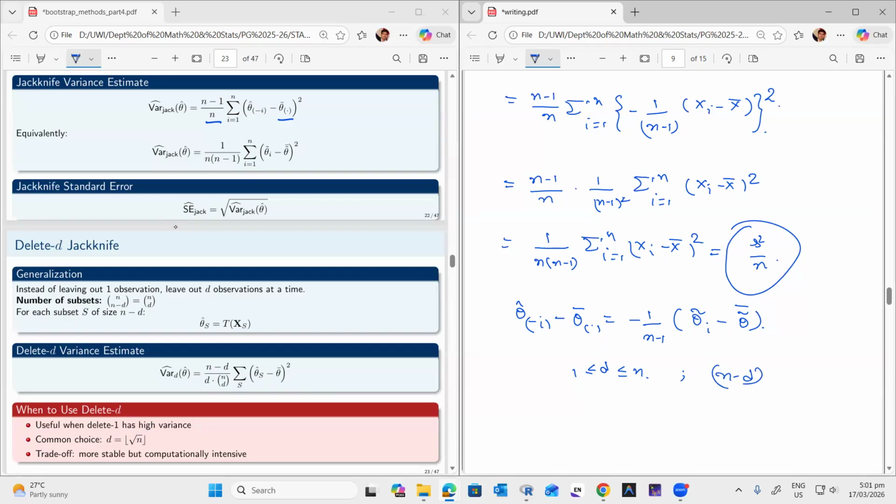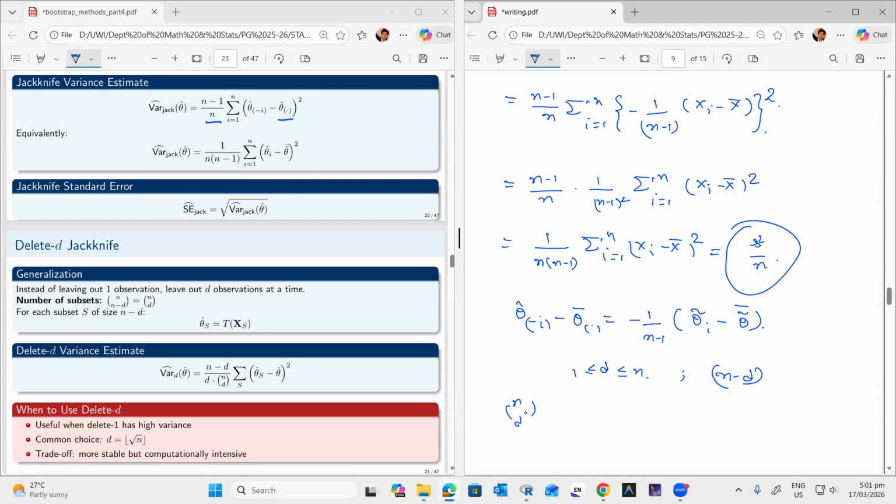This generalization allows us to tune the method to the properties of the estimator and the sample size. The number of distinct subsets of size n minus d, that is, the number of ways to choose which d observations to delete, is the binomial coefficient nCd.